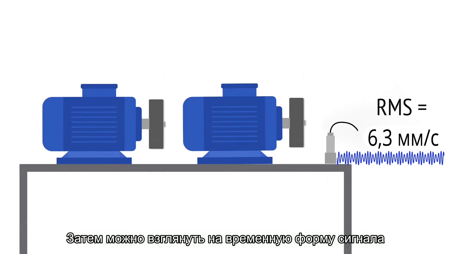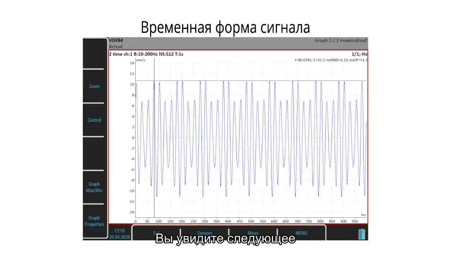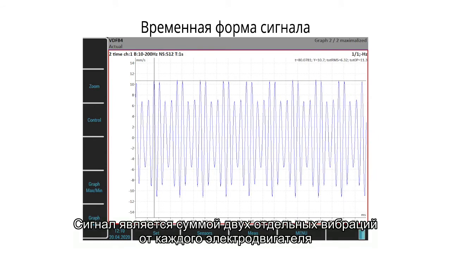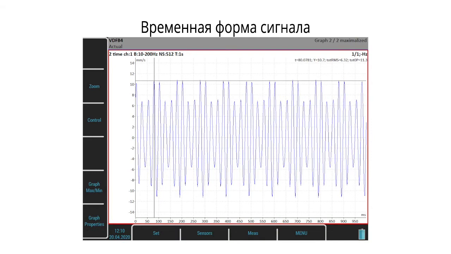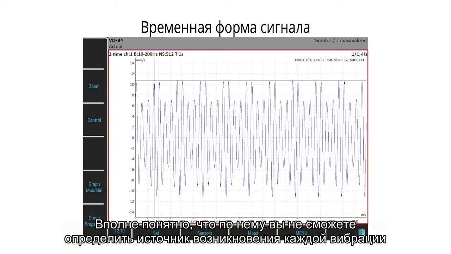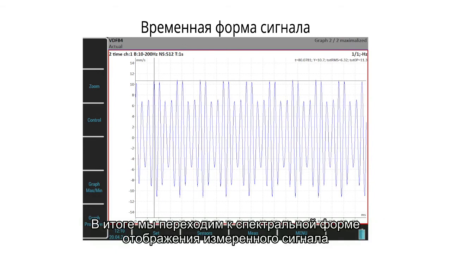Then you can look at the signal in time waveform. You will see this. The signal is composed from 2 separate vibrations from each motor. You are probably not able to identify the source of the vibration either. Finally, you choose the spectrum view on a measured signal.